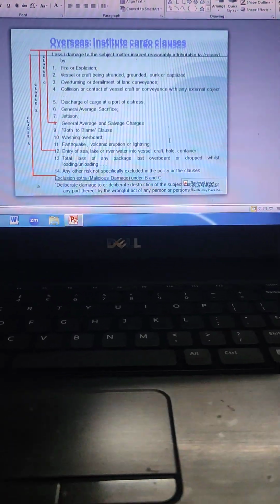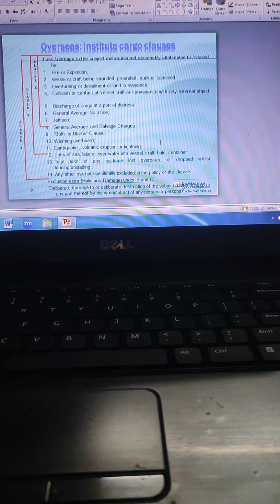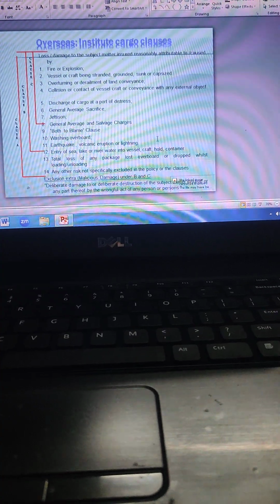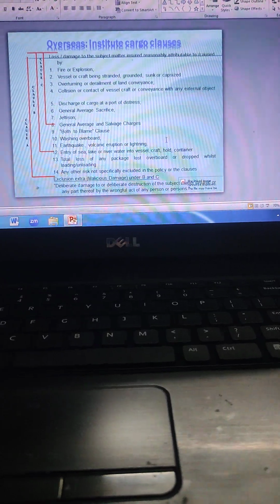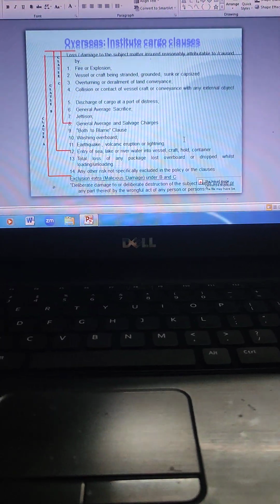If clause B is opted, that includes 3 more risks, that is general average and salvage charges, boat to blame clause, washing overboard, earthquake, volcanic eruption or lightning, entry of sea, lake or river water, and vessel craft hold container.